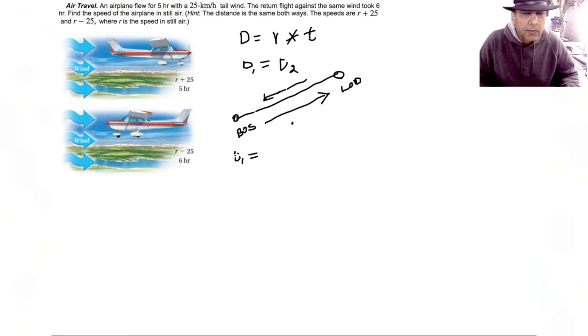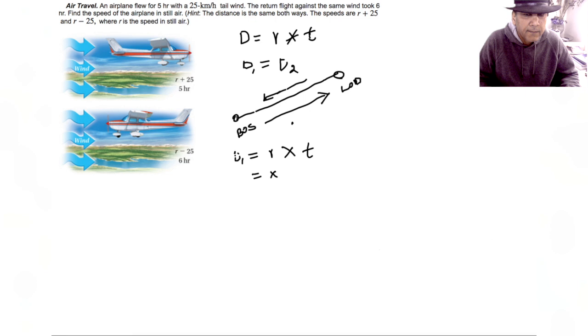Okay, so we're gonna use the same formula, R times T. So rate is what? Since we don't know the speed of the aeroplane, we're gonna call it X. So X is the speed of the aeroplane, and we are going with the wind, so we are getting help from the wind, which is 25 km per hour.